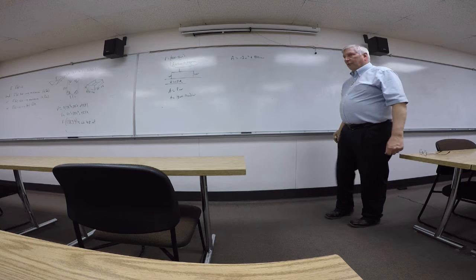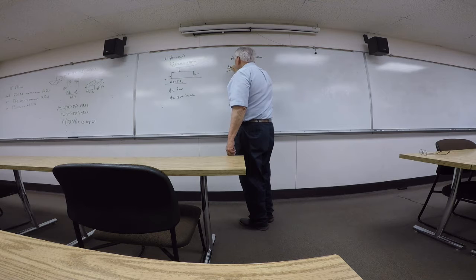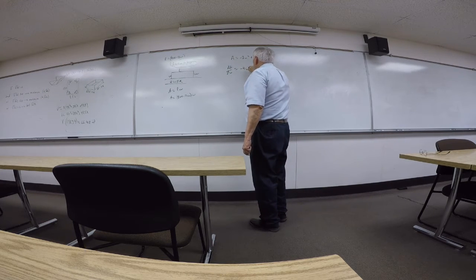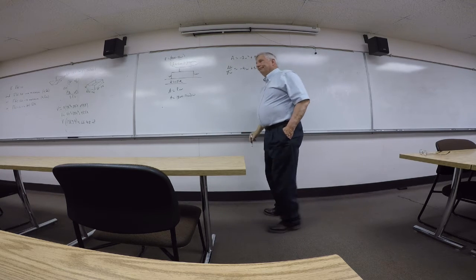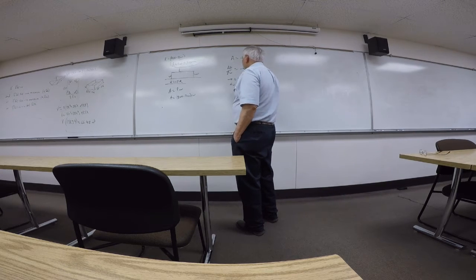And if we take the derivative of both sides with respect to w, dA/dw is minus 4w plus 800. Set this equal to 0. 0 is equal to minus 4w plus 800. Move the 4w to the other side. Divide by 4.